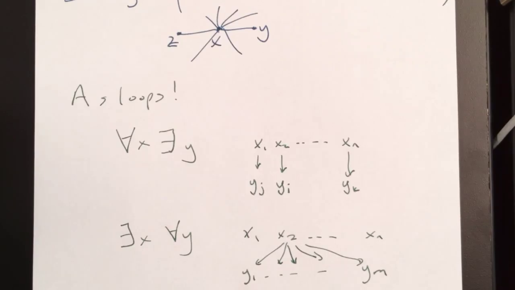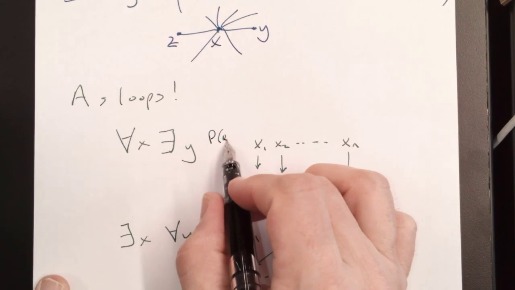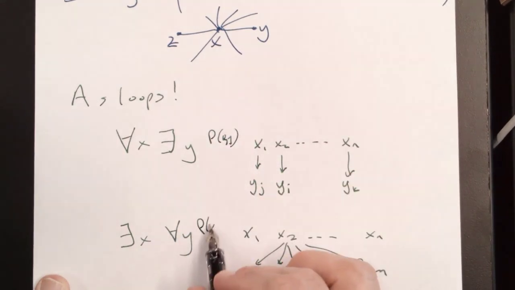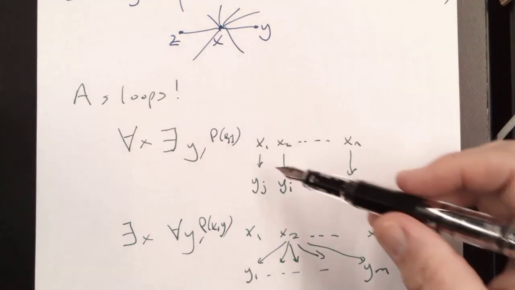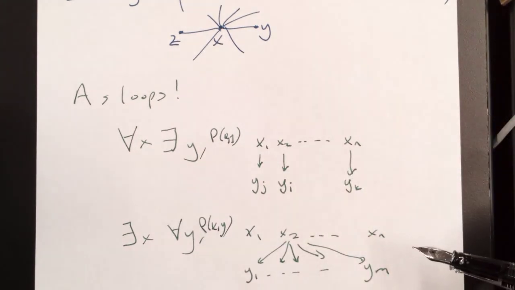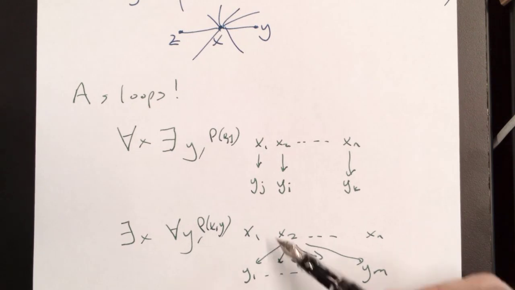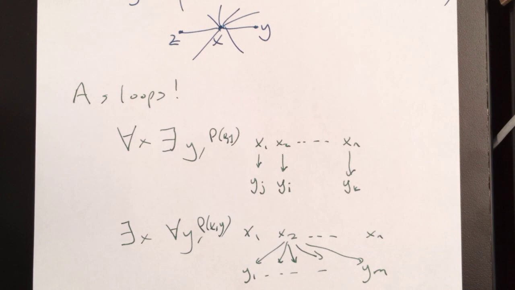For whatever property these things are doing. So that there's P of x, y here, P of x, y here after the comma. And I want to be able to find one so it makes the property true. Here I want to make the property true for every value of y for one particular x. Questions?